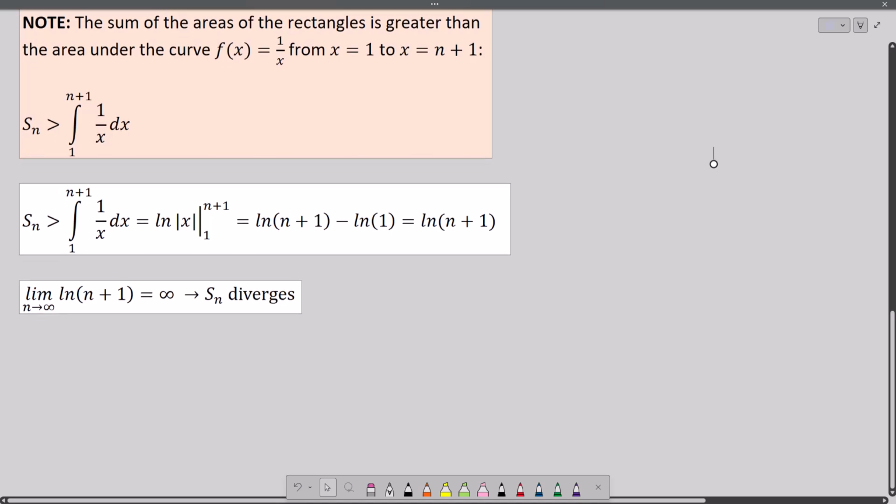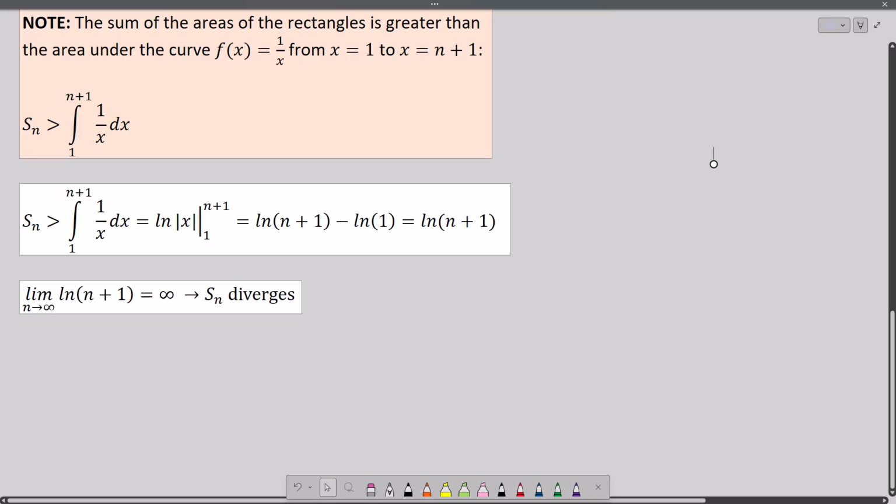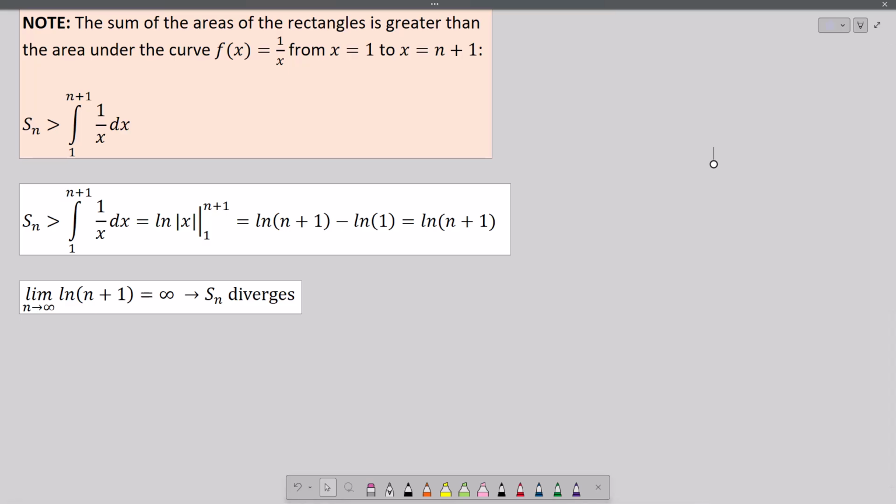Everyone agree? S sub n is bigger than this, and this diverges, so S sub n must diverge. And S sub n is a sequence, and that sequence must diverge because this limit right here is infinite. So if that limit's infinite, S sub n is a divergent sequence, which means the series diverges. The series converges only if S sub n converges.